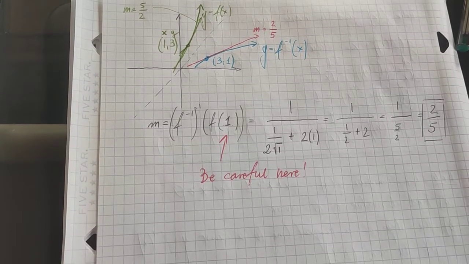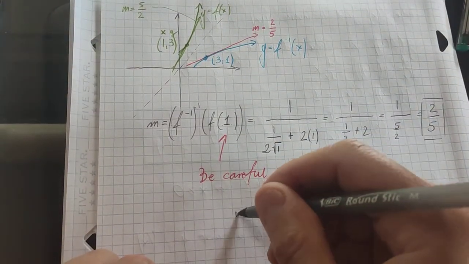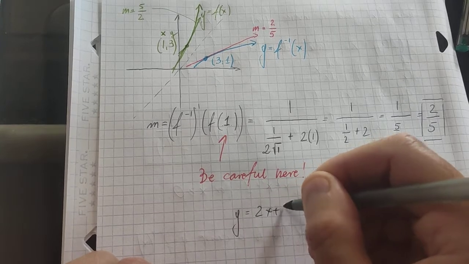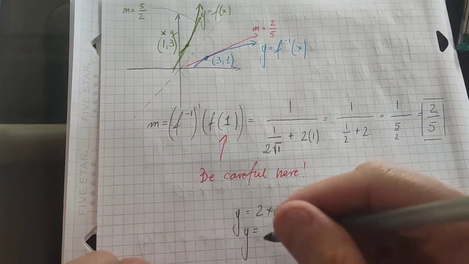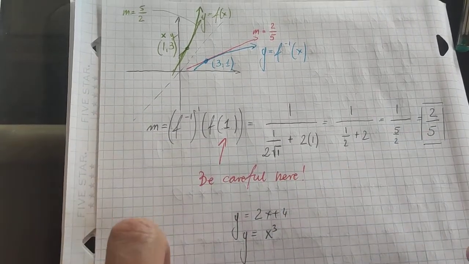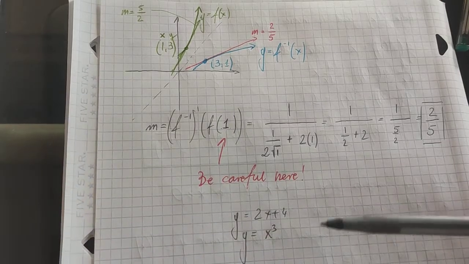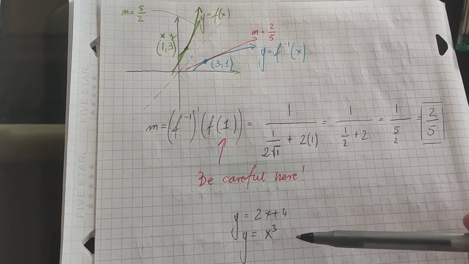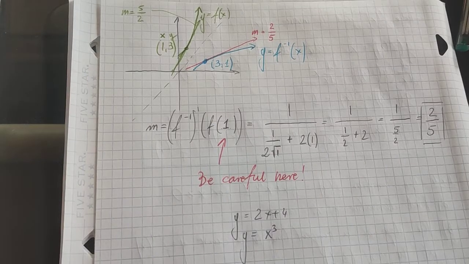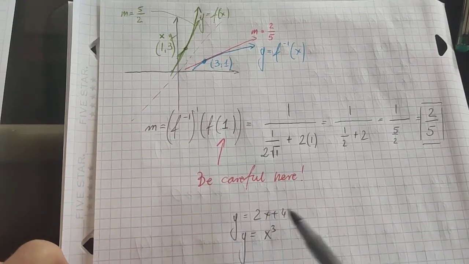Some functions are 1-to-1 by themselves, like for example all linear functions, 2x plus 4, and some cubic functions, not all. If we're dealing with a function that's not 1-to-1, then we need to restrict the domain, and then we can find the inverse. We find the inverse by solving for x first, and then interchanging x's and y's.